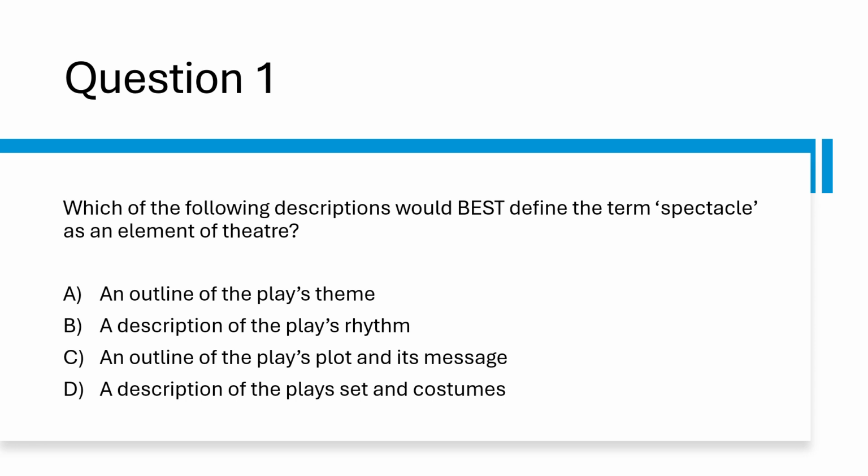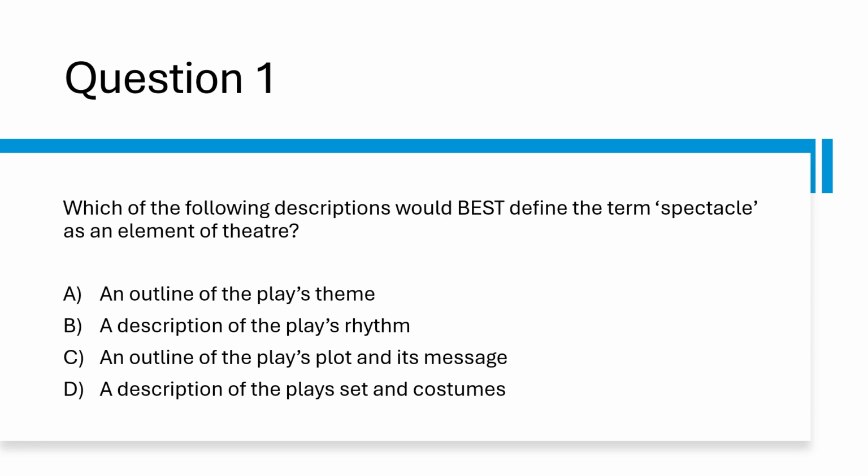The options are A, an outline of a play's theme. A play's theme would not be considered a spectacle because it's not something you're able to see. When you think of spectacle, you think about what you can see. So we're ruling out option A.